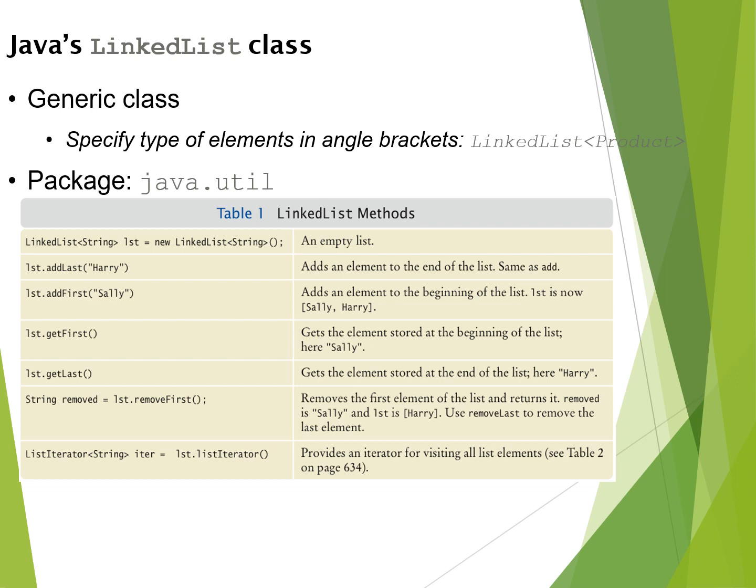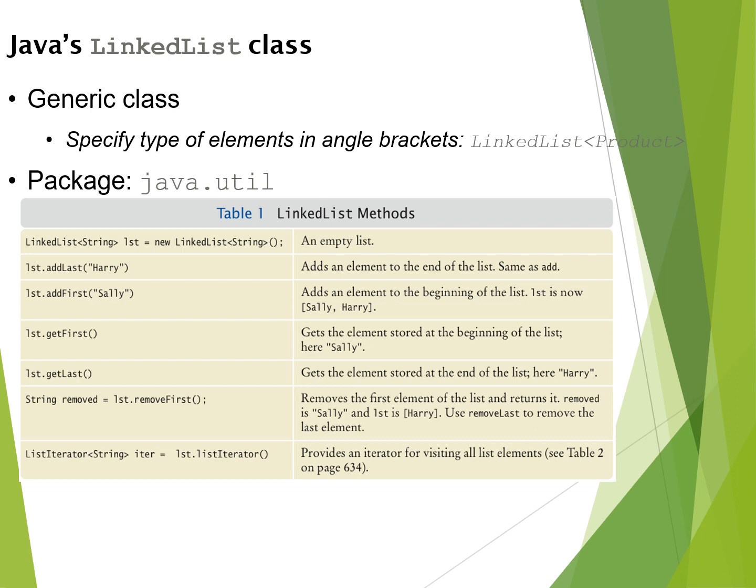And then remember that both remove first and remove last return the removed node. They return the removed string. In this case, it returns Sally if you remove first, or it returns Harry if you remove last. And finally, the last method that I'm going to talk about in this slide is called list iterator.